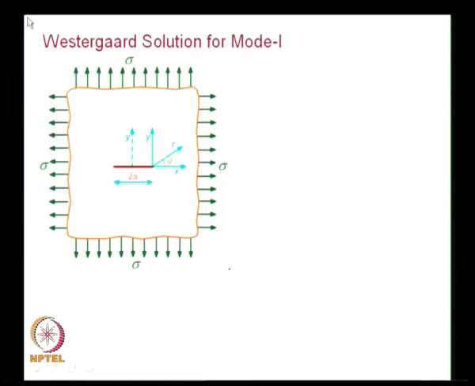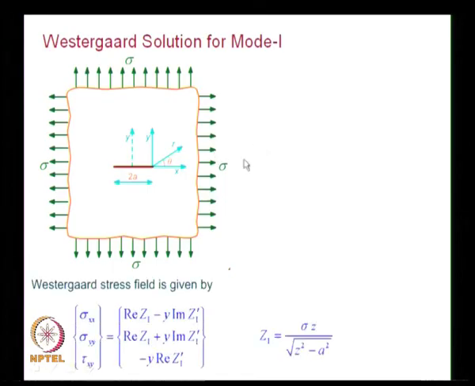It is a good question. See, let us look at what we have discussed as Westergaard solution. If you look at the boundary conditions, we have clearly taken a biaxial loading situation, and from that we have got the Westergaard stress function. And if you take the stress function in this form, sigma z divided by root of z squared minus a squared, this is an exact solution, in the sense it can be considered as a closed form expression for the field.